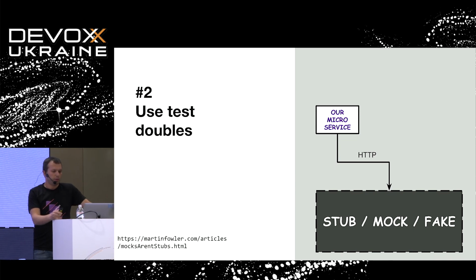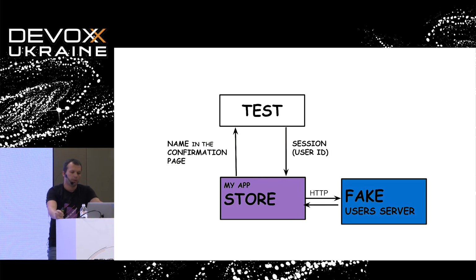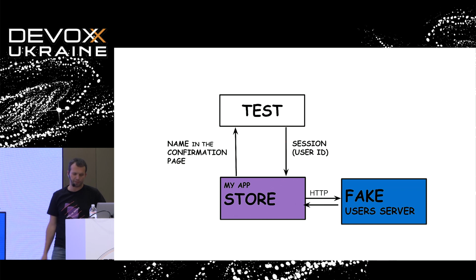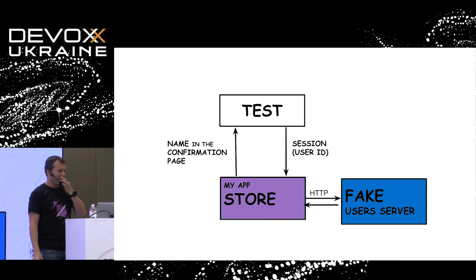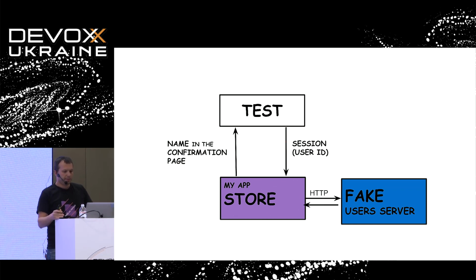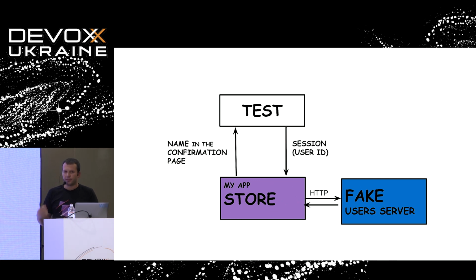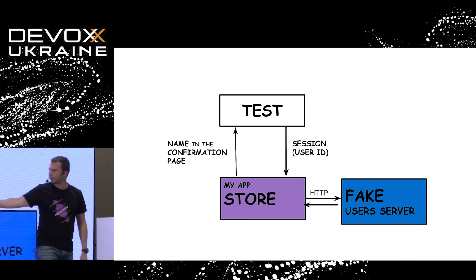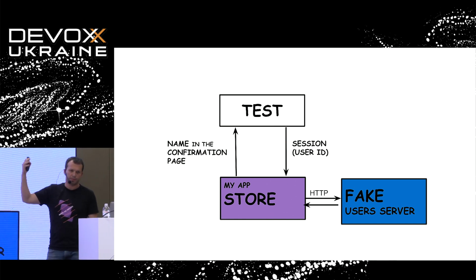So let's see how it will look. We have our test, we have our store, and we have a fake, let's call it fake user server. And the important part here, again, is that it speaks the same protocol. In this case, I wrote HTTP, but it can be anything else.